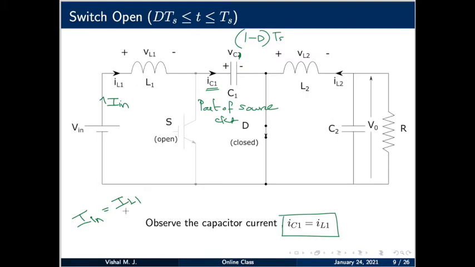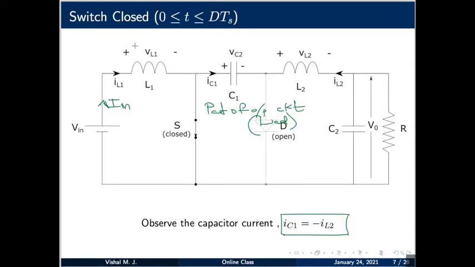The average IL2 will have steady state and ripple. The ripple will flow through the capacitor and the steady state will flow through the inductor. So, the average IL2, which is the steady state part, is equal to I0. See, the switch is open. Now, IL2 is the same as the output current, the average output current.